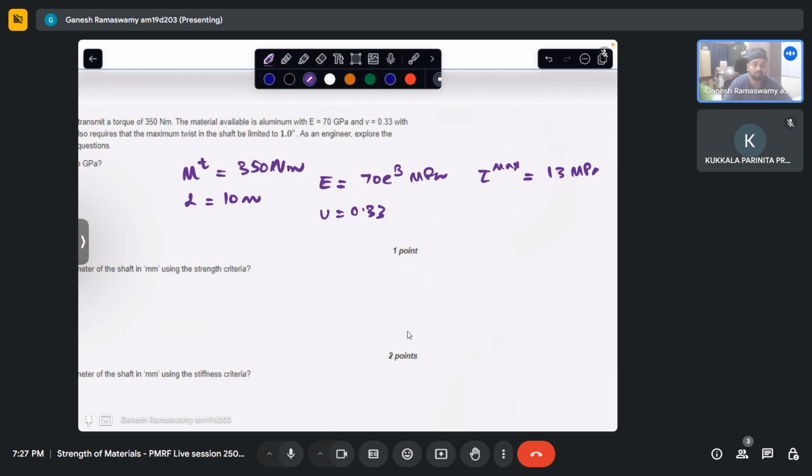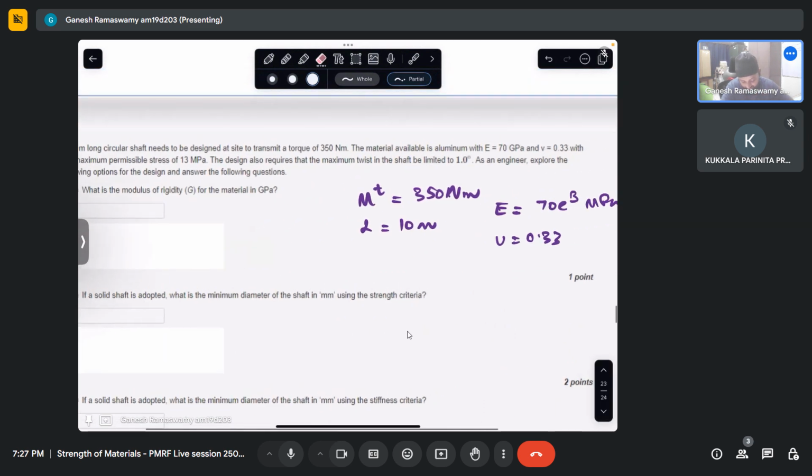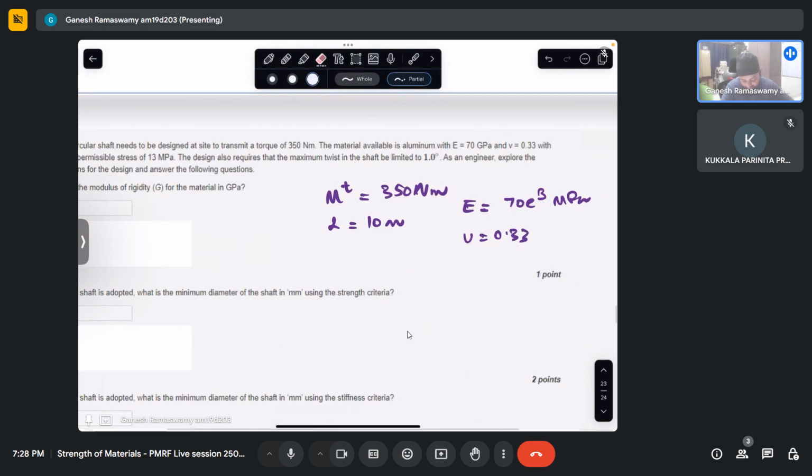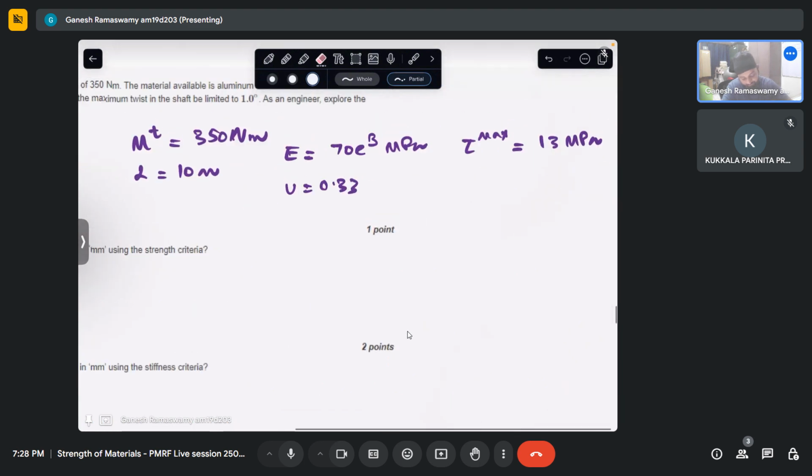We are talking about shafts presently, which are subjected to shear stresses. The design also requires the maximum twist of the shaft to be limited to 1 degree. So phi max should be less than equal to 1 degree.